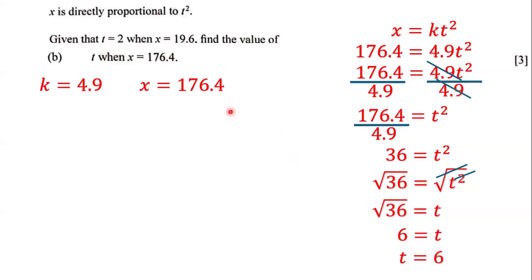Now, it says find the value of t when x is equal to 176.4. And so the value of t when x is equal to 176.4 is 6. And that's the answer to this particular question.